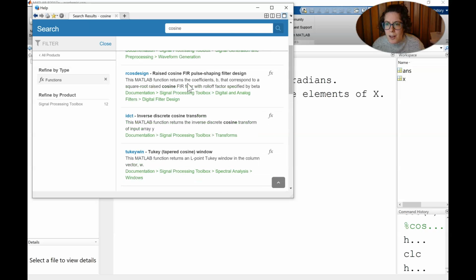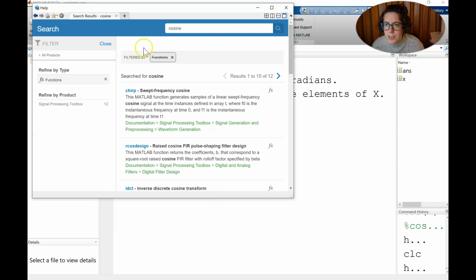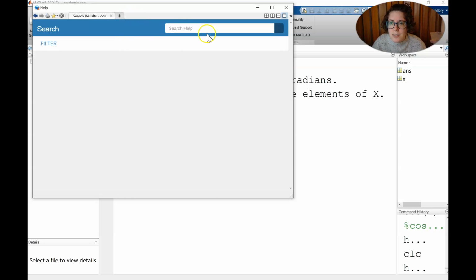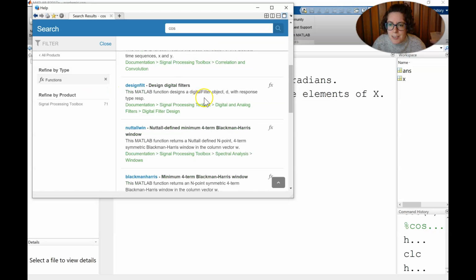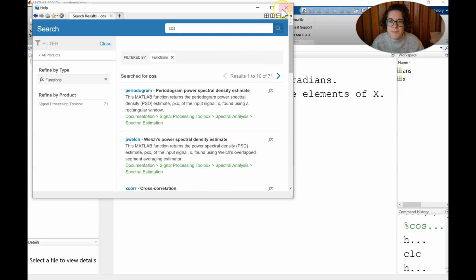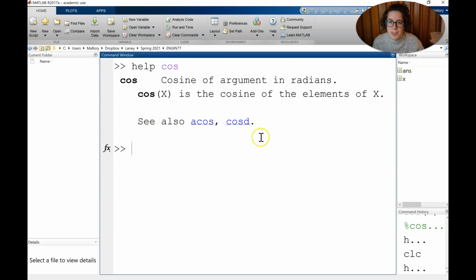Interesting. Okay, well, I'll have to take a closer look at why this is not showing up under functions. Weird. Okay. I'll take a closer look at that. For now, you can just type it into your command window or go to Google and get a more in-depth description from the MathWorks webpage.